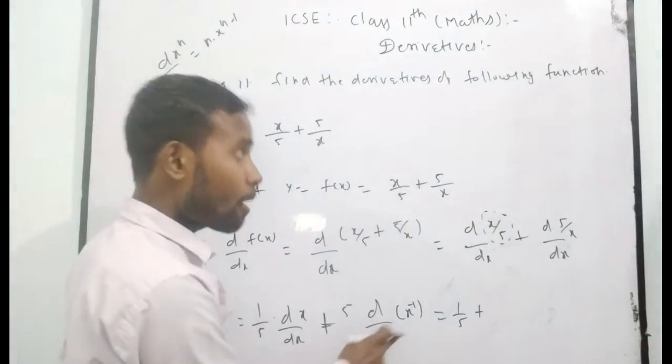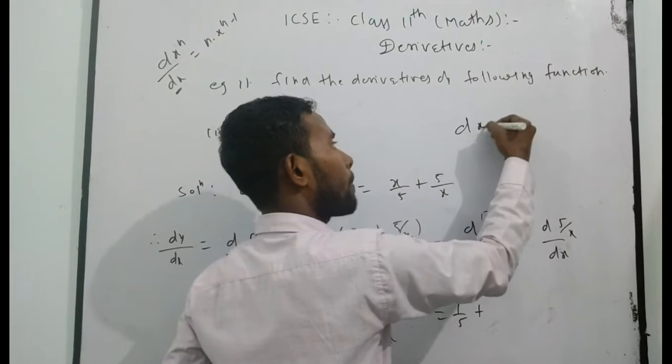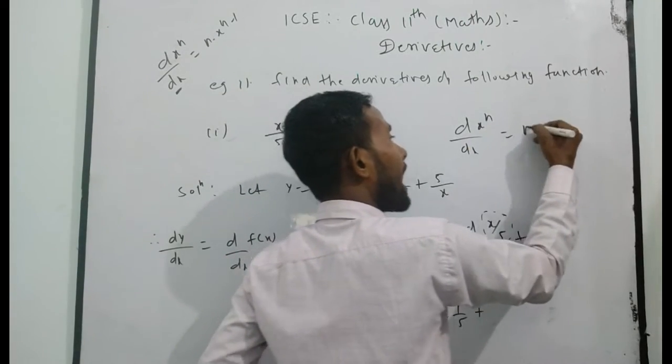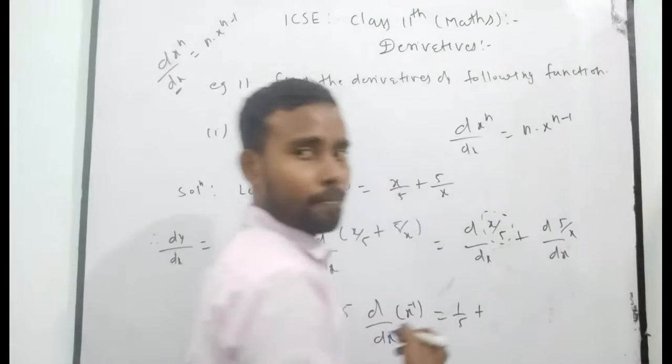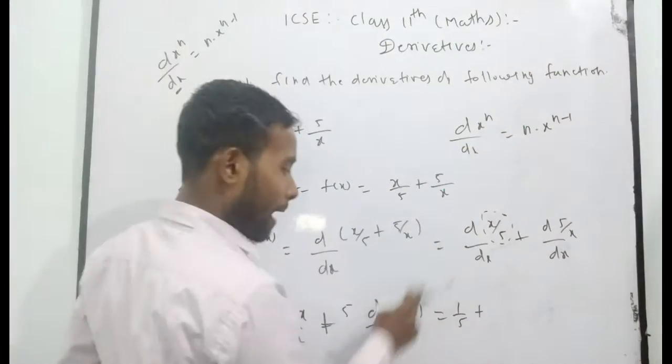5 times the derivative of x to the power minus 1, now you have to utilize the formula: the derivative of x to the power n with respect to x is equal to n times x to the power n minus 1. Here n is equal to minus 1.